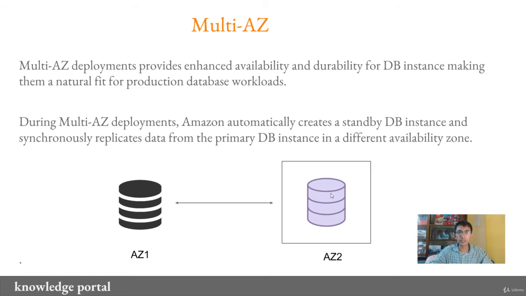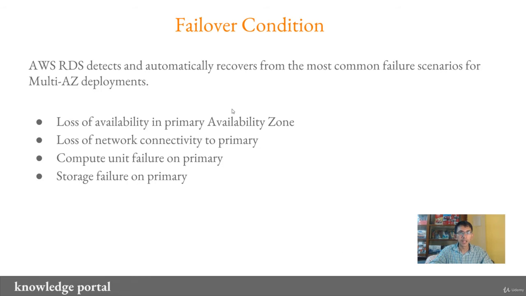It is important for us to remember what the failover conditions are where this switch can happen. These failover conditions are listed over here. The first is during the loss of availability in the primary availability zone. Second is loss of network connectivity to the primary DB. Then is compute unit failure on the primary DB. And fourth is storage failure on the primary.